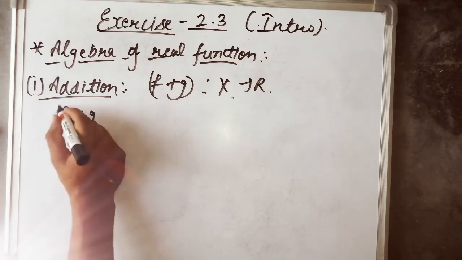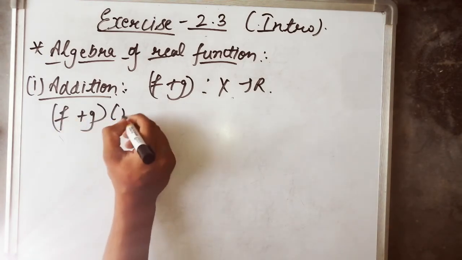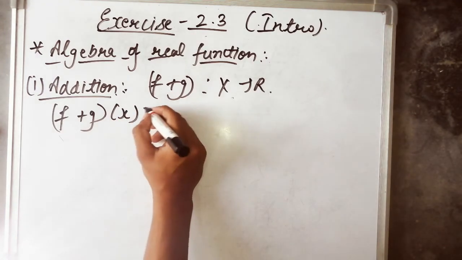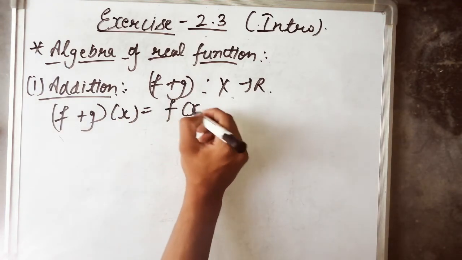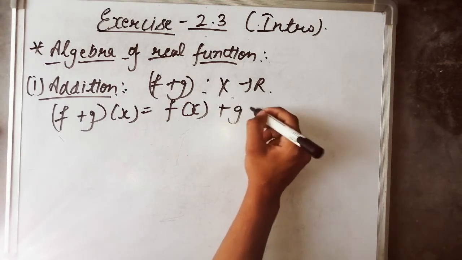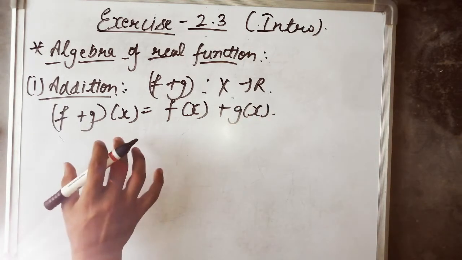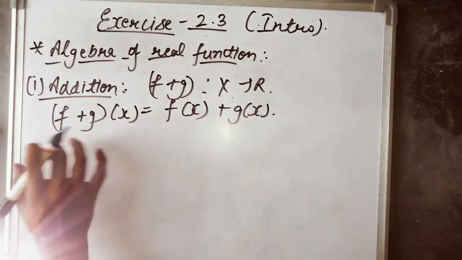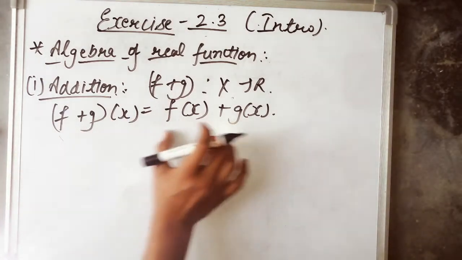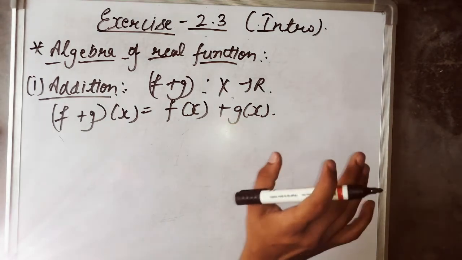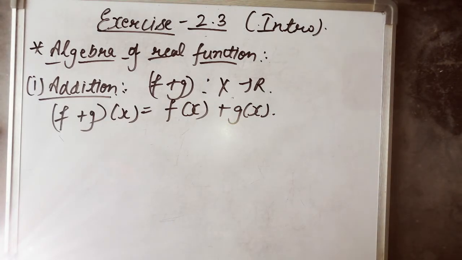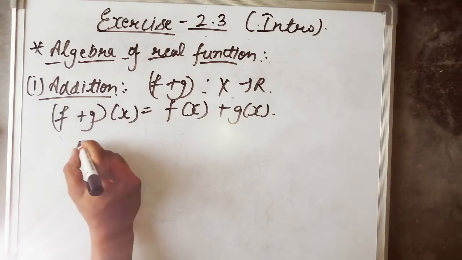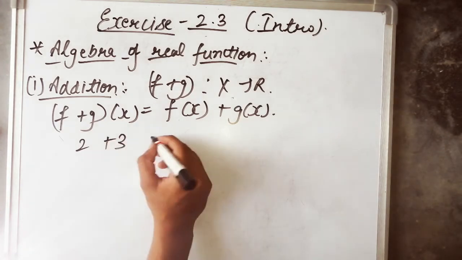For the function f plus g, we have f of x plus g of x. It means that the function f plus g is defined on x, and when we define this function we have f x plus g x simply. Suppose you are given 2 plus 3, what will you write?